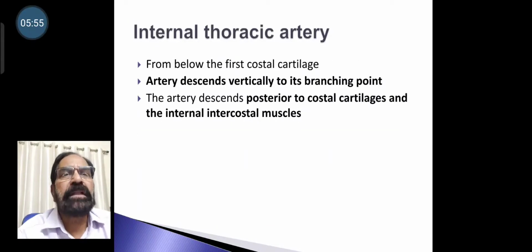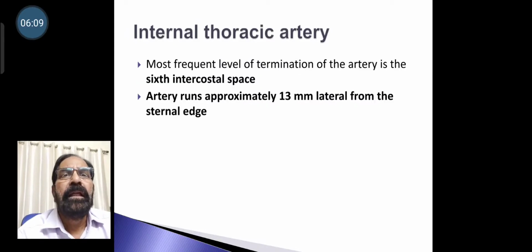From below the first costal cartilage, the artery descends vertically to its branching point. The artery descends posterior to the costal cartilages and internal intercostal muscles. The most frequent level of termination of the artery is in the 6th intercostal space. The artery runs approximately 13 millimeters lateral to the sternal edge.